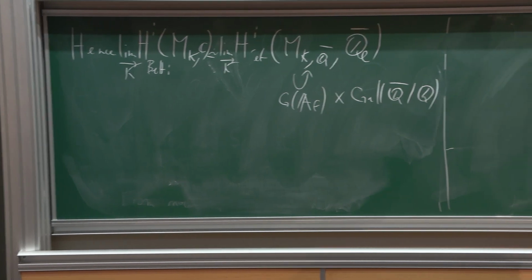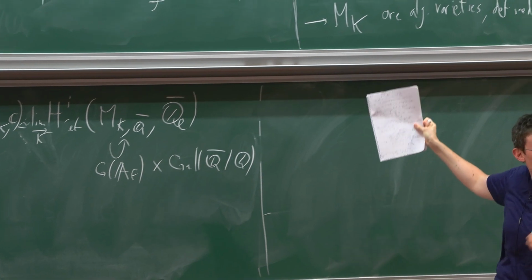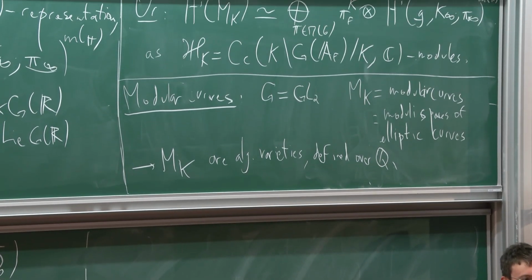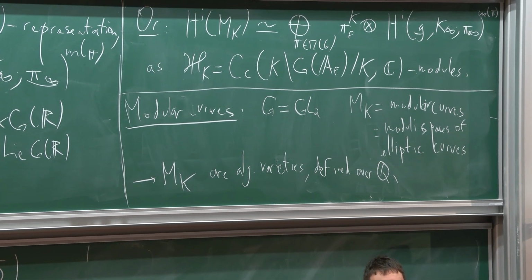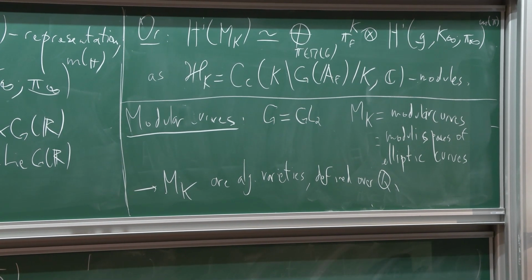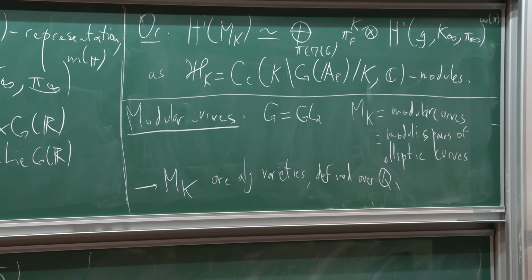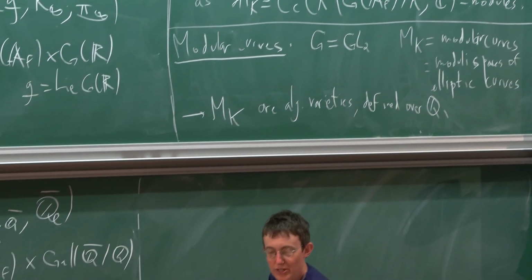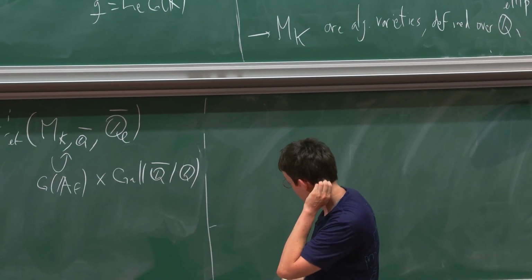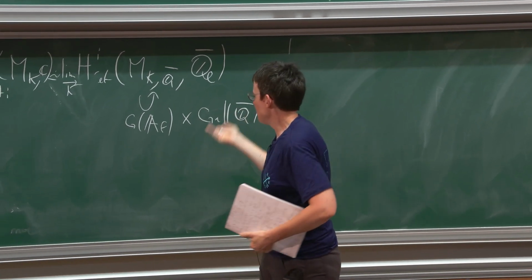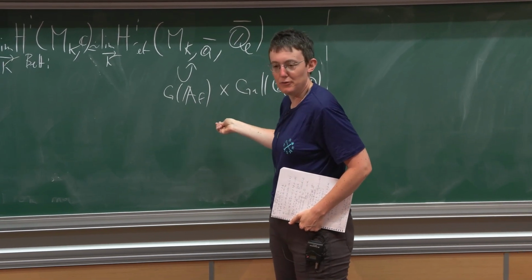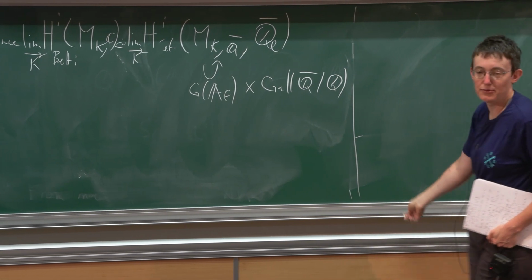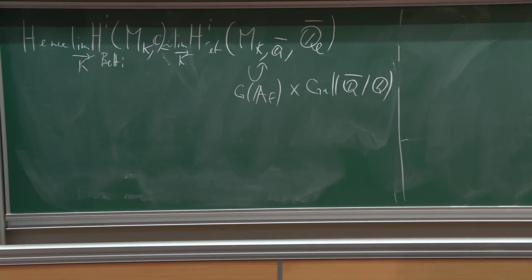Basically, you can descend all these MKs to algebraic varieties over Q, and the action of G of A_F is by what are called Hecke correspondences. They will also all descend to morphisms of algebraic varieties over Q, which is quite an important point that I'm just pushing under the rug here. Because the action of G of A_F is defined over Q, the action on cohomology will commute with this action of the absolute Galois group of Q.